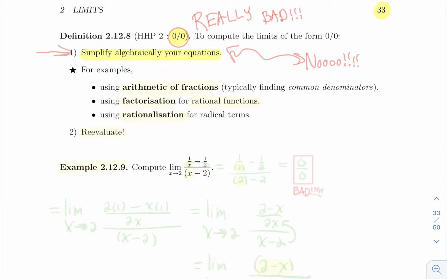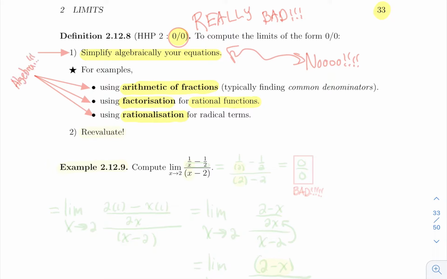For most questions for us, you will do this by simply manipulating fractions, by finding common denominators, etc. You might need to do some factorization if you have a limit around a point giving a zero over zero problem of a rational function. And if you have radical terms, you might have to do rationalizations to simplify your equation.